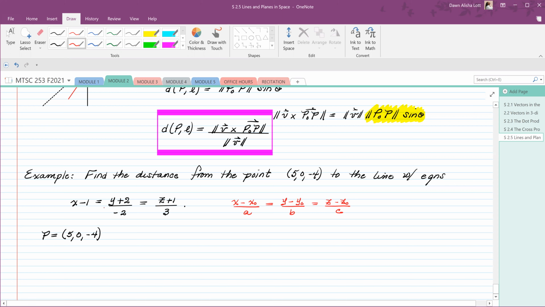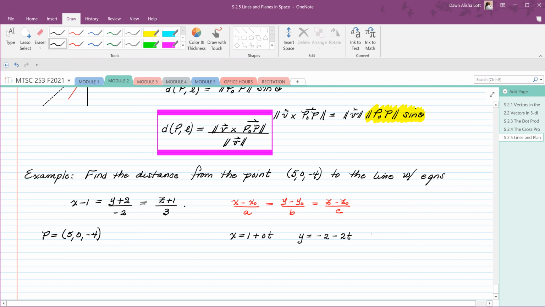So in the first case, I have x minus x naught. That is the case that says x is always equal to 1. So therefore here, x is equal to 1 plus 0t. Then for the second one, y is equal to -2 minus 2t.